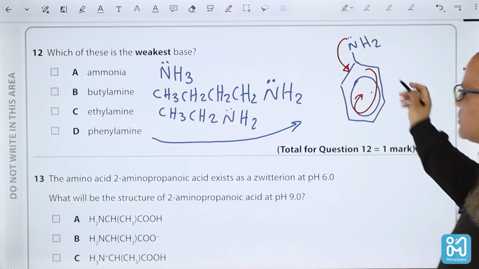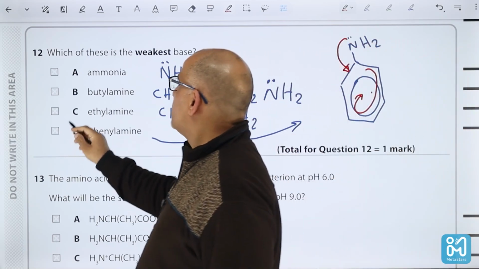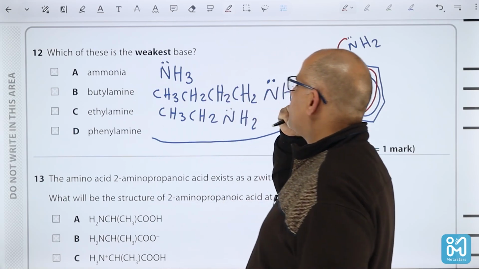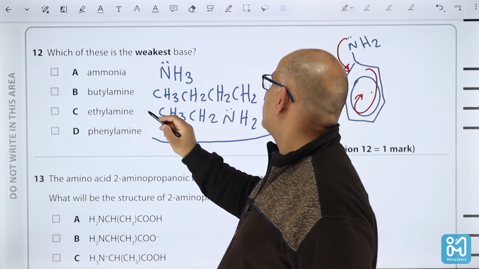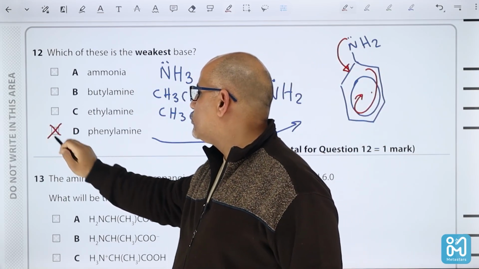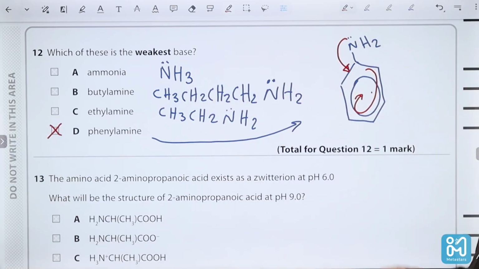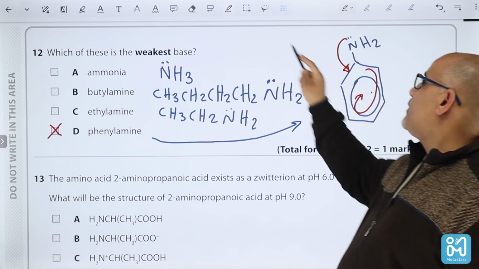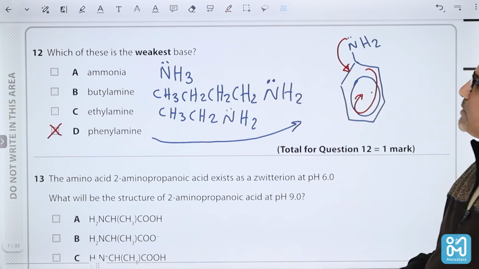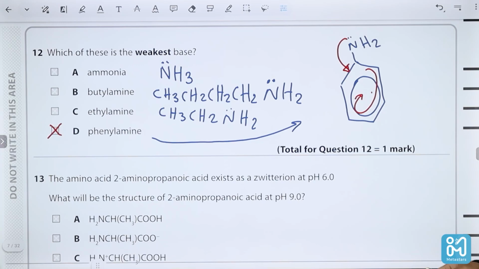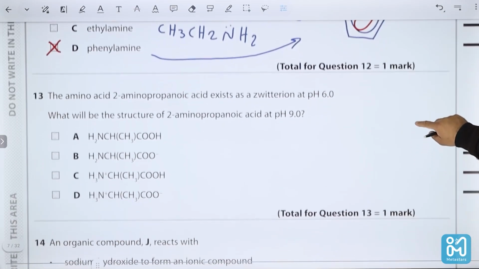That's why the weakest one is phenylamine, because the definition of a base is that which donates the electron pair, or can accept the hydrogen ion by donating these electrons. If they are more bonded by delocalization, this makes phenylamine the weakest base in the question.